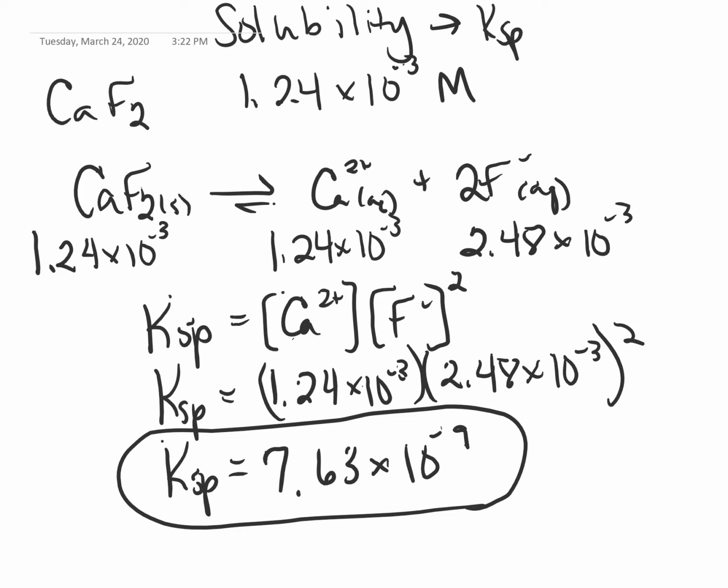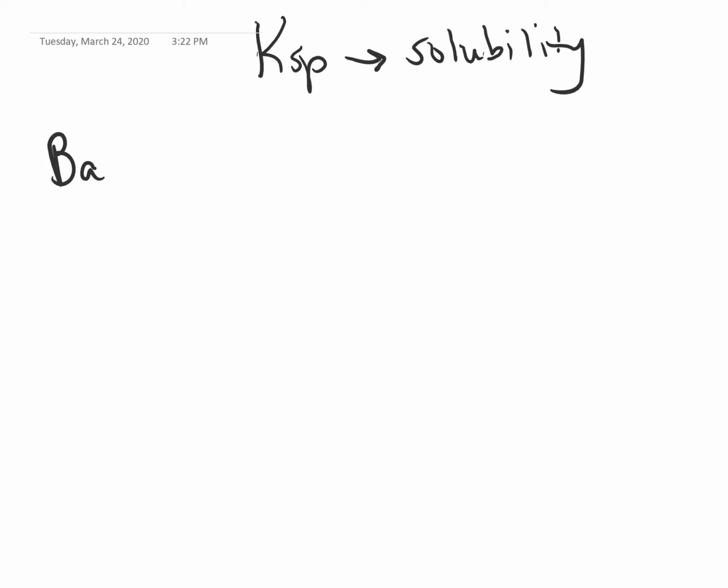All right, we're going to do another example. This time we're going to go backwards, and we're going to go from our Ksp in order to find our solubility. Okay, so this time we are going to look at BaIO3.